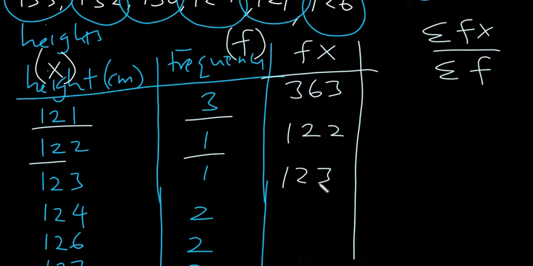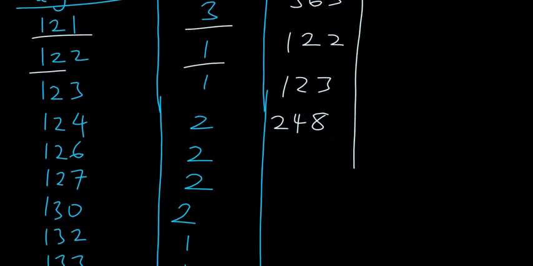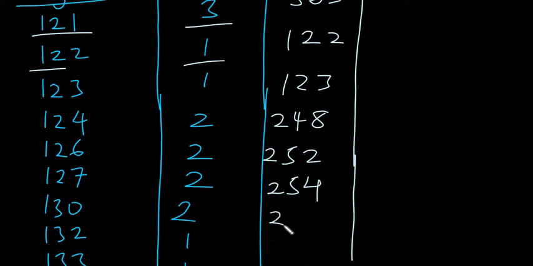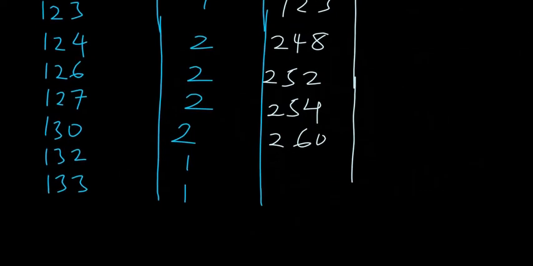Then 124 times 2 is 248, 126 times 2 is 252, 127 times 2 is 254, and 130 times 2 is 260. Then 132 times 1 is 132, and 133 times 1 is 133.